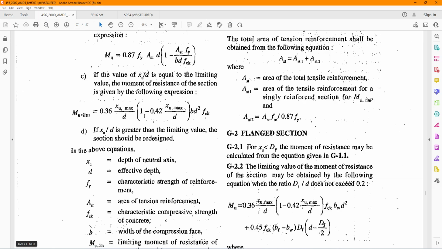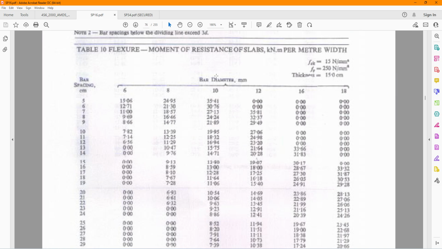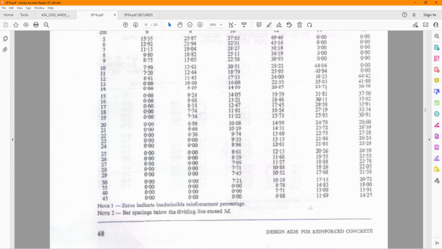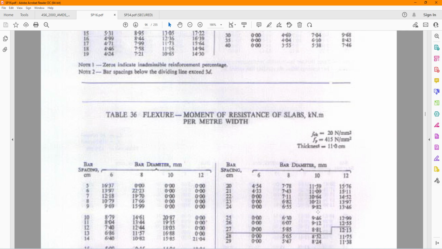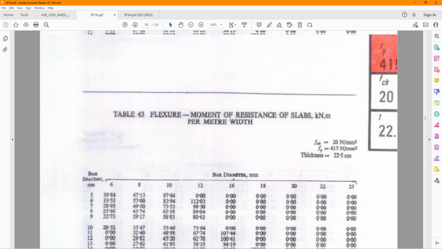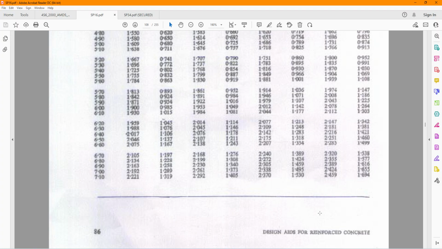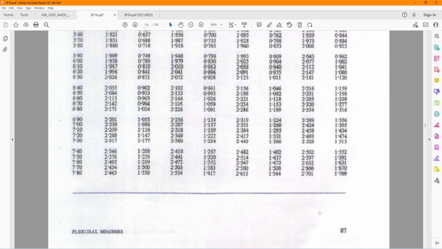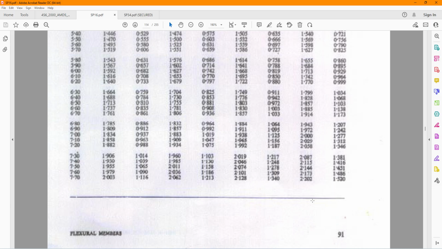Let me open SP16, page number 91. Yes, now I am on page number 91.